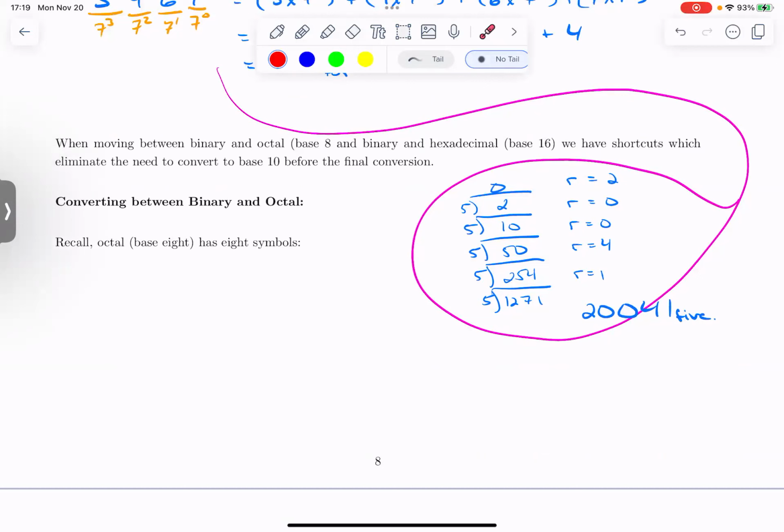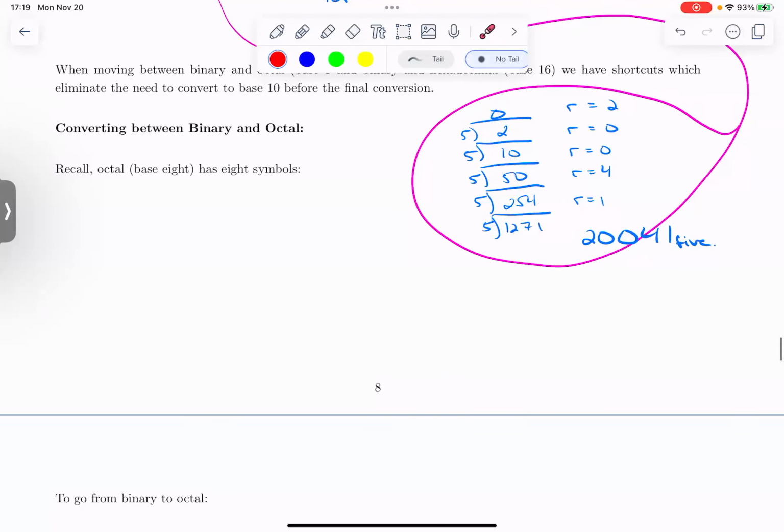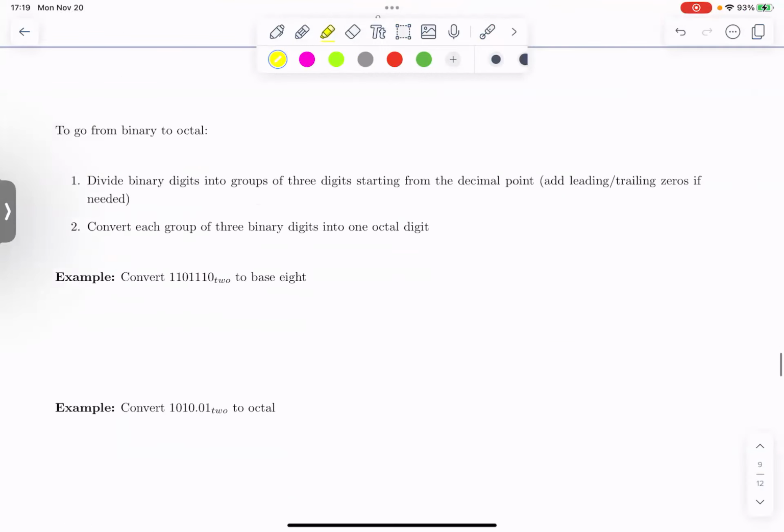Octal, 8 symbols, but something tells me you're comfortable with that. Right, it's base 8. Presumably 0, 1, 2, 3, 4, 5, 6, 7. Done. IP4 is decimal.